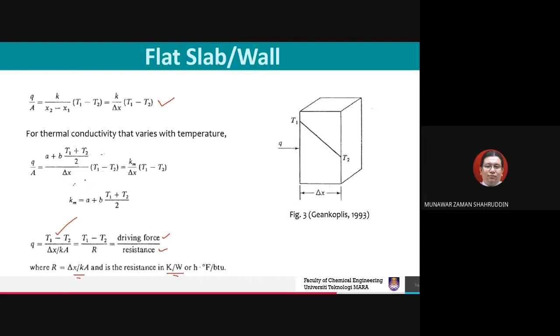A and B depend on the material; copper has its own values of A and B. T1 and T2 are the specific temperatures. The whole term we call KM, which signifies the thermal conductivity at the current temperature at that point of interest.